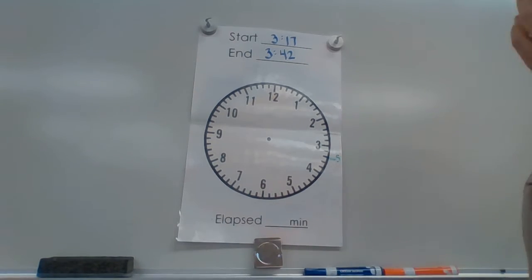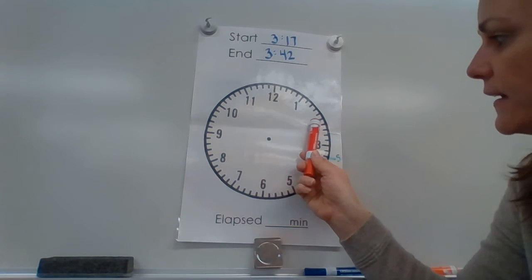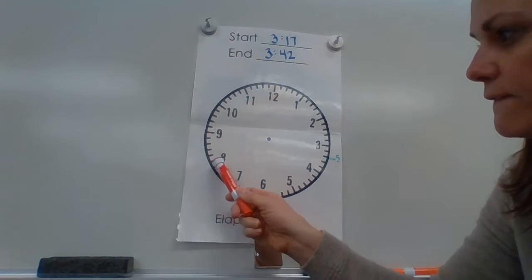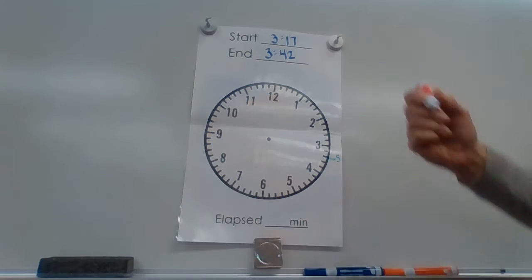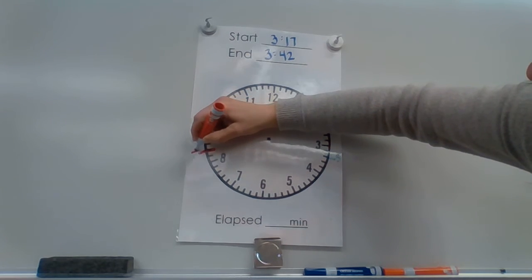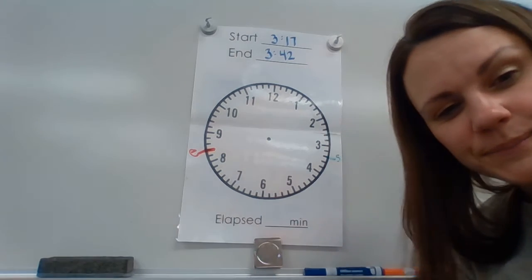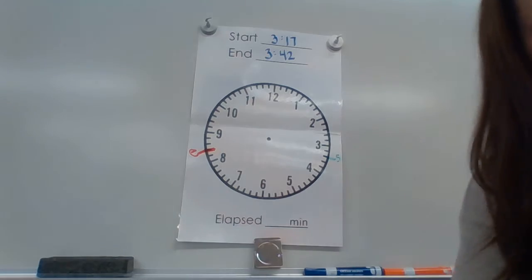End time is 3:42. Oh, 5, 10, 15, 20, 25, 30, 35, 40, 41, 42. So 2 little tick marks after the 40. Again, so important to mark those absolutely correctly. Okay. Now we're ready to jumpity bump.